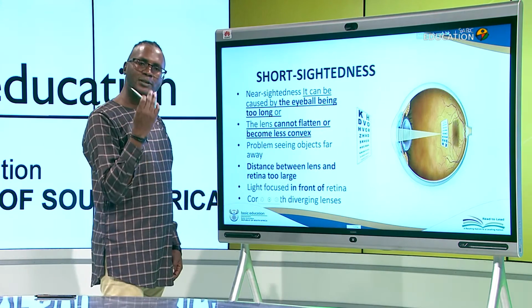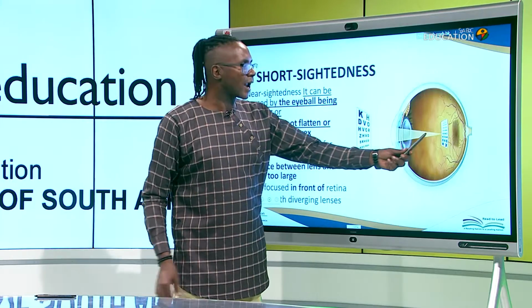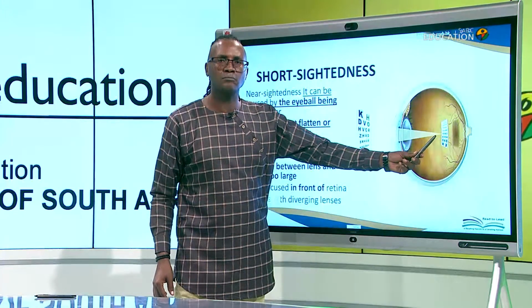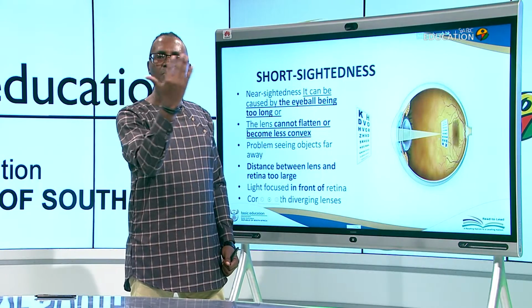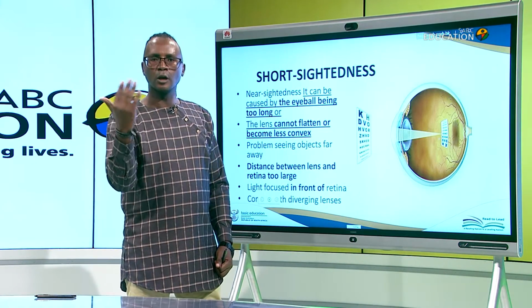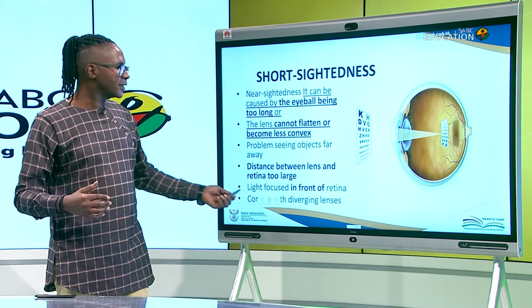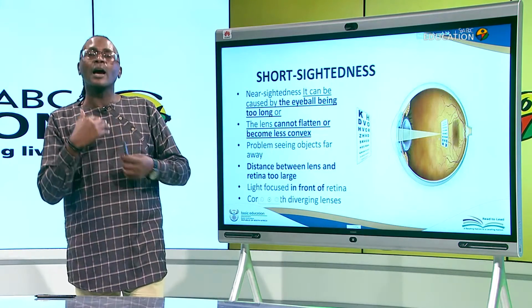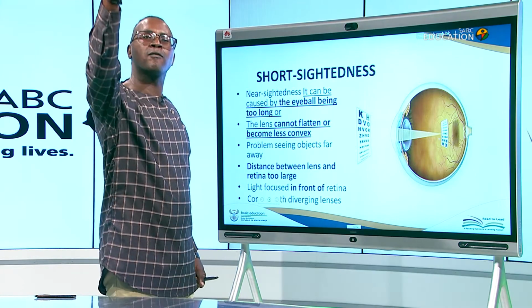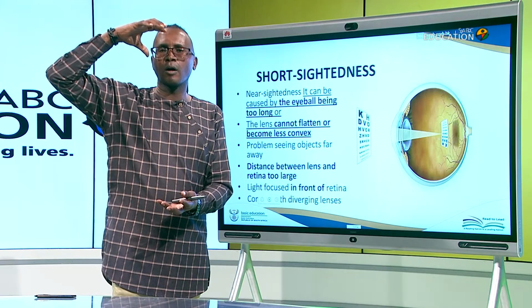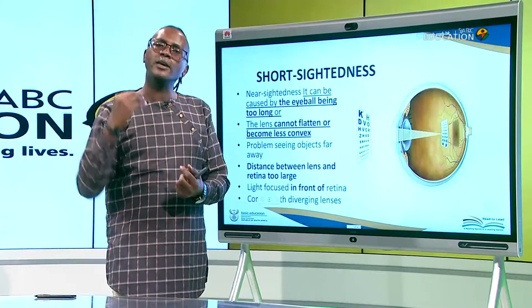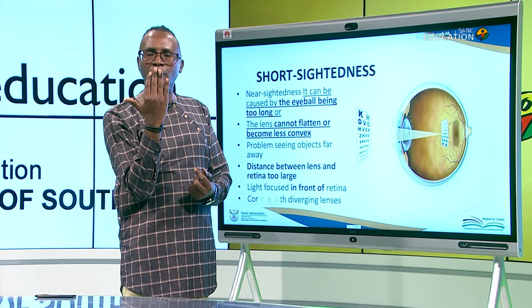The image falls in front of the retina. So what happens now? The image becomes blurry. So short-sightedness, this person, Mr. Makata, cannot see objects that are far because my eyeball is long. So the image falls in front of the retina.